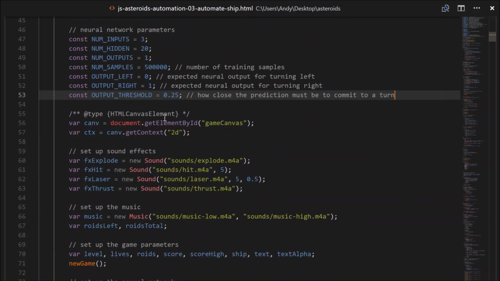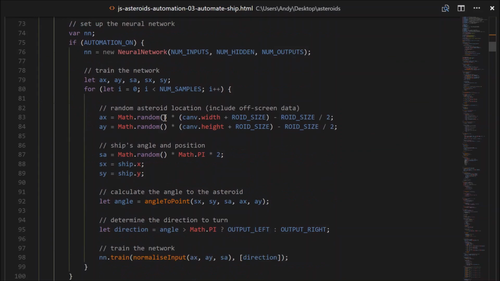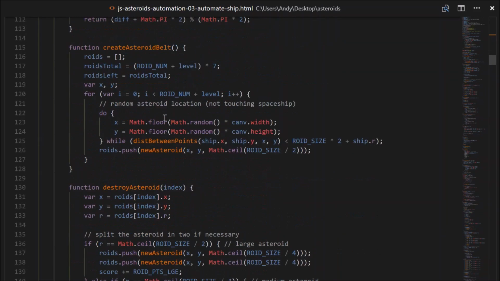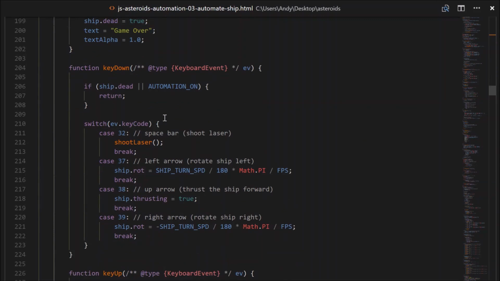So how about we start implementing some of this? First of all, let's see what happens when we push the left and right arrow keys. So in the key down method, when we've got manual control of this, all we're doing is setting the ship's rotation to this. How about we create a function that can handle this, because when we turn right, it's the same thing except we're going the opposite direction.